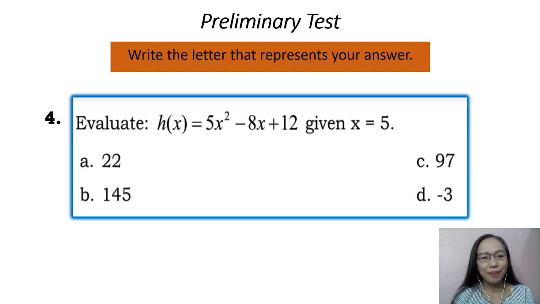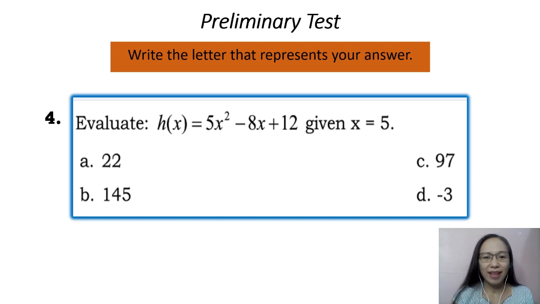Here's number 4. Evaluate h of x equals 5x squared minus 8x plus 12, given that x is equal to 5. So, is it A, 22, B, 145, C, 97, or D, negative 3? Again, I'm giving you 10 seconds to do this.